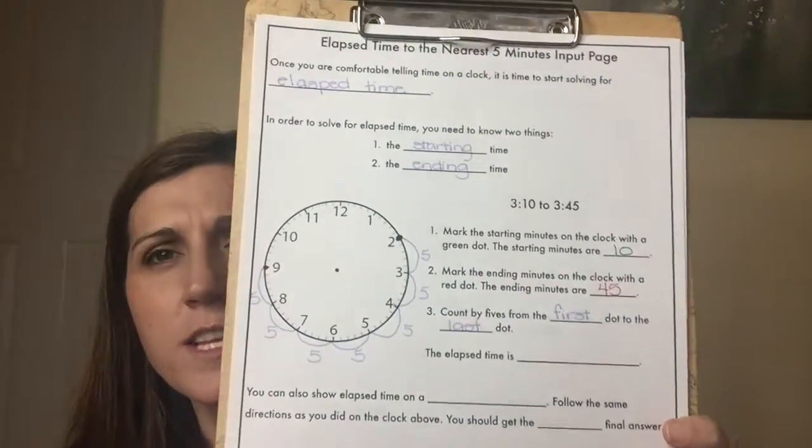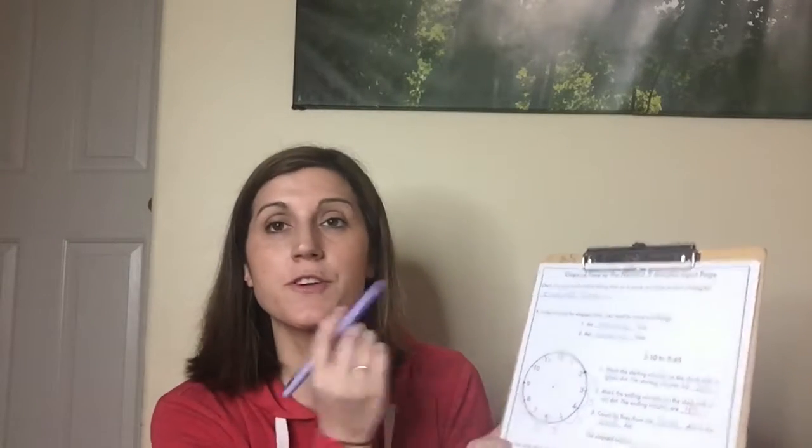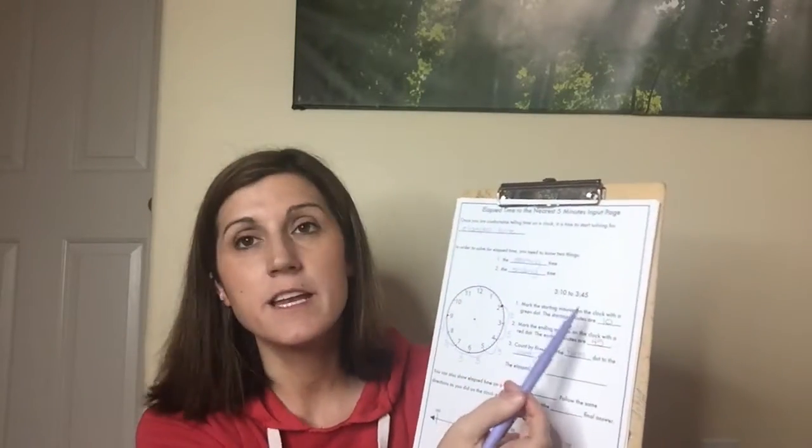Okay, I've got all these 5s going around the clock. Now I can count by the 5s. 5, 10, 15, 20, 25, 30, 35. I know that there are 35 minutes between 3:10 and 3:45. So the elapsed time is 35 minutes.